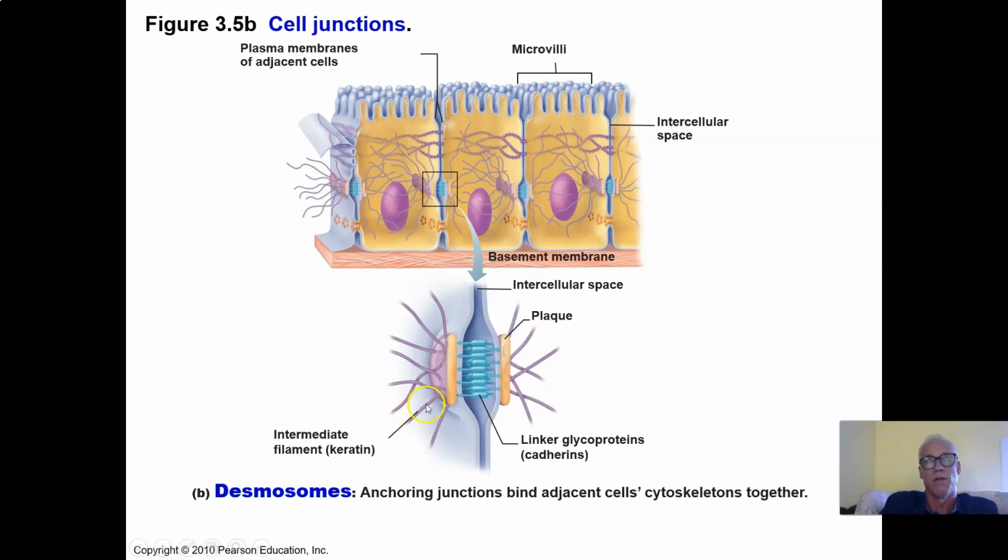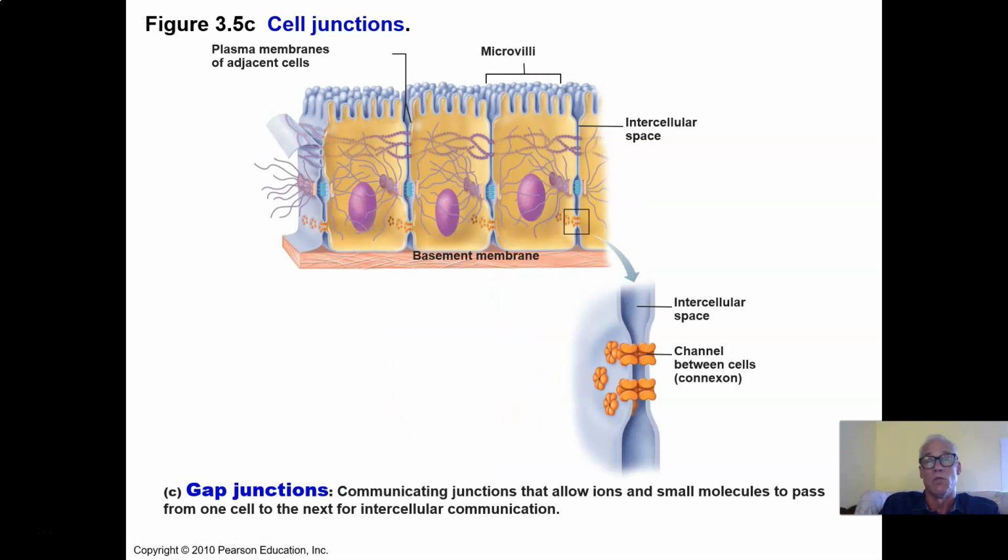I like that analogy. So desmosomes anchor the cytoskeleton of one cell to another. Remember, it's not the membrane that gives the cell its attaching integrity, it's the cytoskeleton. And so the membrane here is the seal. And the cytoskeleton of each cell needs to be anchored via desmosomes. And finally, gap junctions.